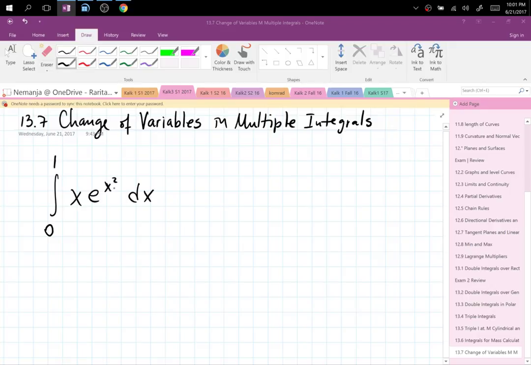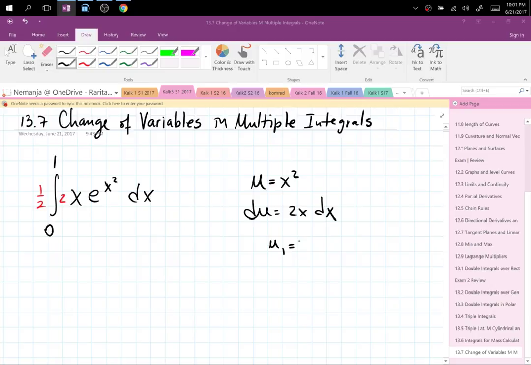So we say u equals x squared, du equals 2x dx. We have to fix this 2, and then we also have to change the limits.